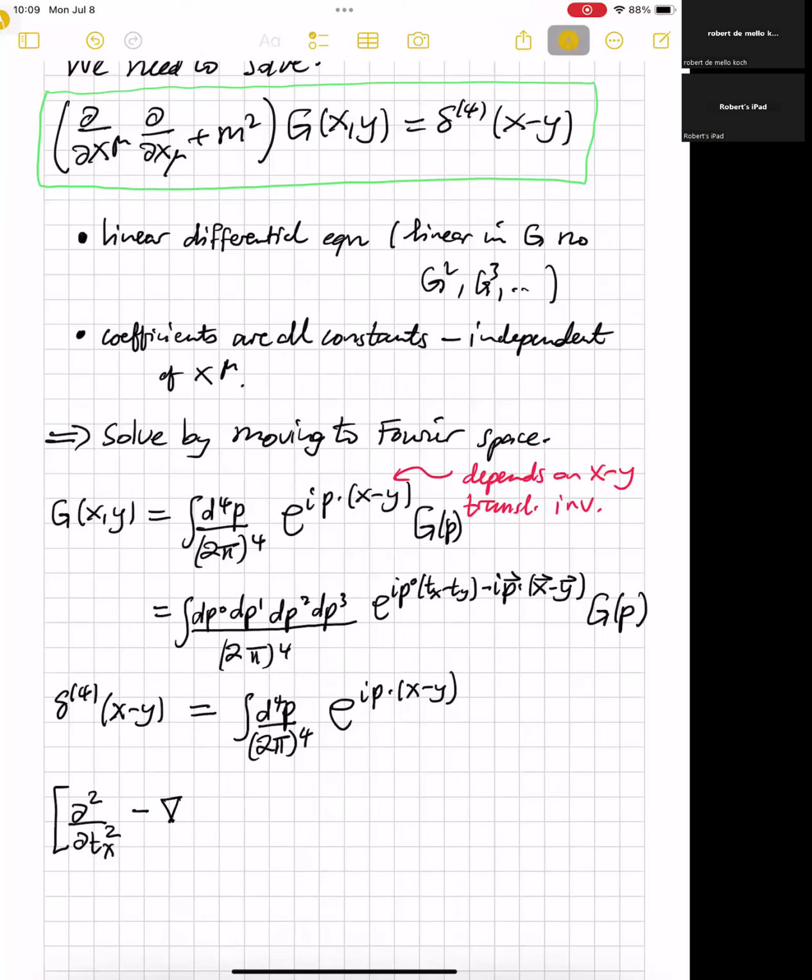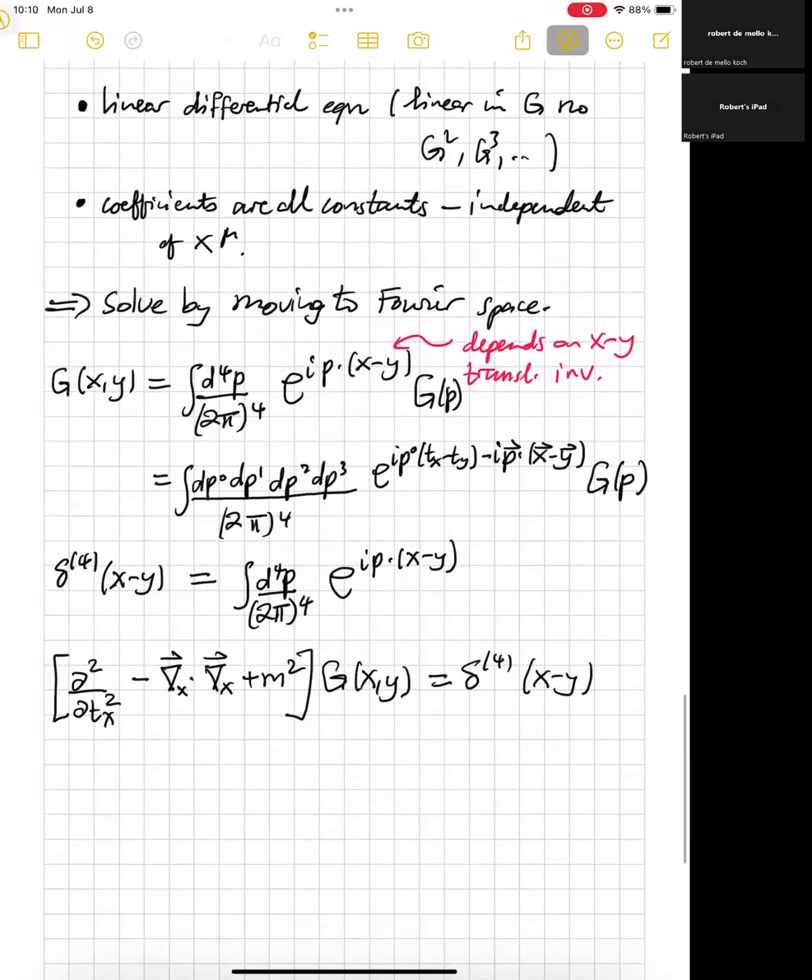Then we've got minus nabla acting on x, dotted into nabla acting on x. And then we've got m squared. And this operator needs to act on g of x comma y, and this will be equal to delta 4 of x minus y. Good, so that's just the green box rewritten.